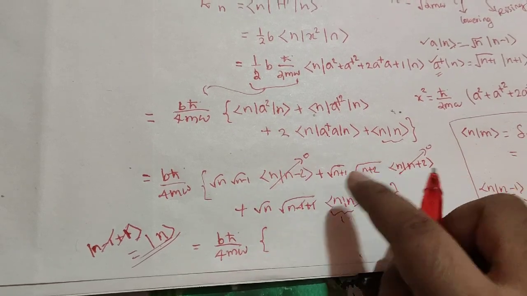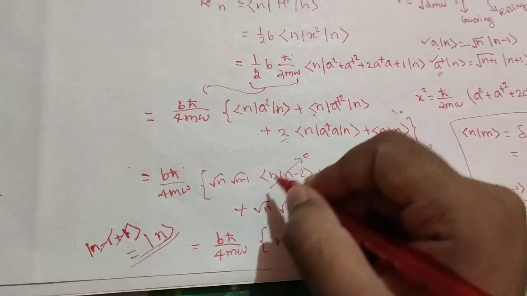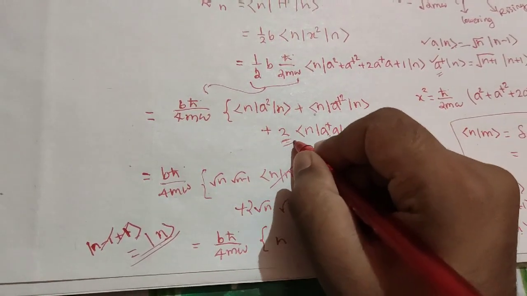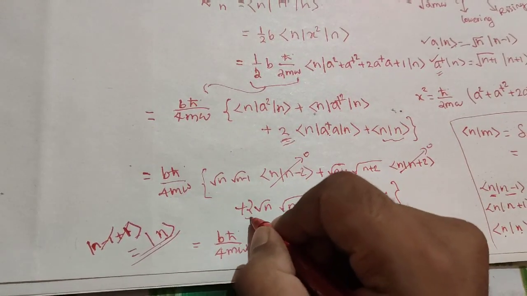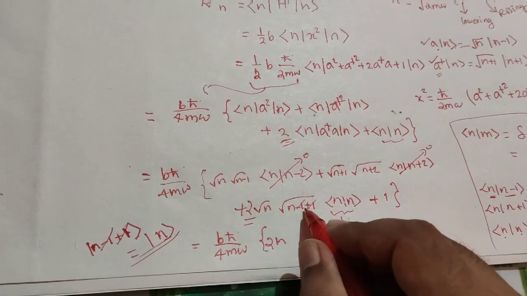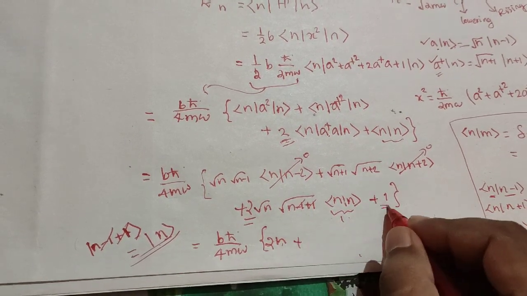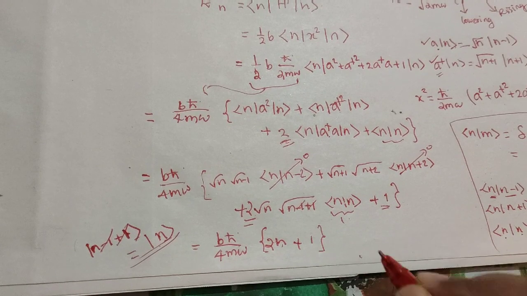This gives 0, 0, here root n into root n is n. There is a 2, because this 2 should appear here, so it becomes 2n, plus this 1 here.